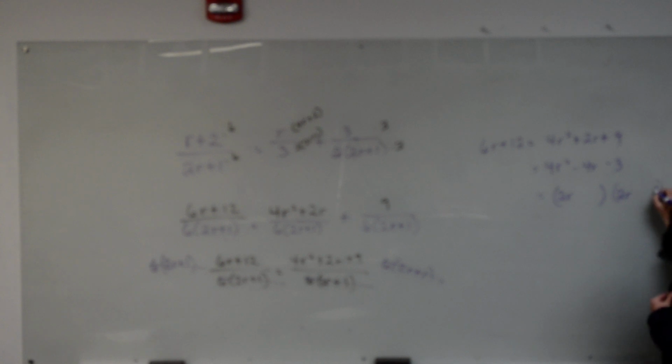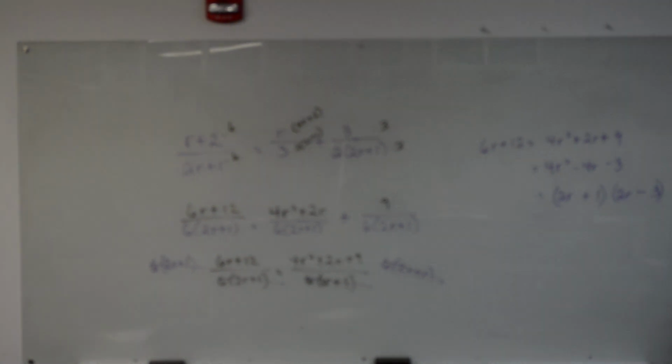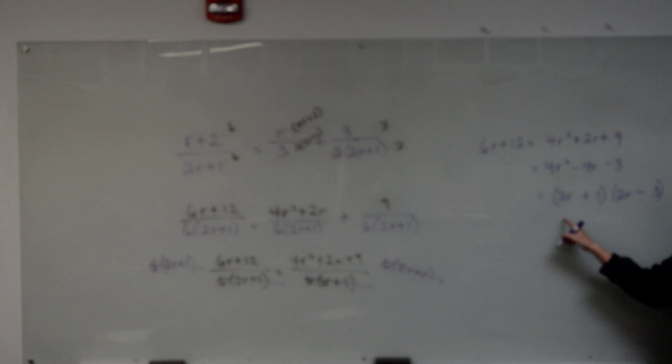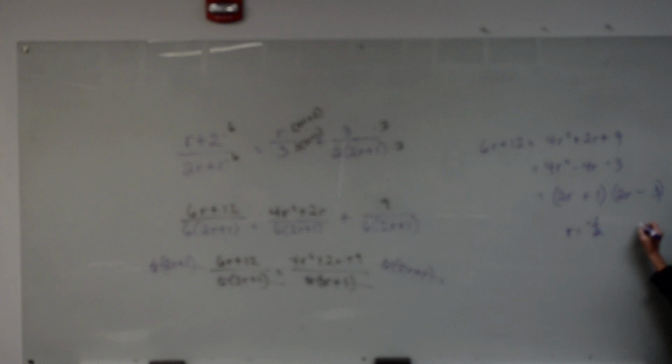When we factor it, we would need that to be negative and that to be positive. 2 times 2 is 4, 3 times 1 is 3, and that's gonna give me a -6 and a +2. When I set these equal to 0, I'm gonna get a -1/2, and I'm gonna get a +3/2.